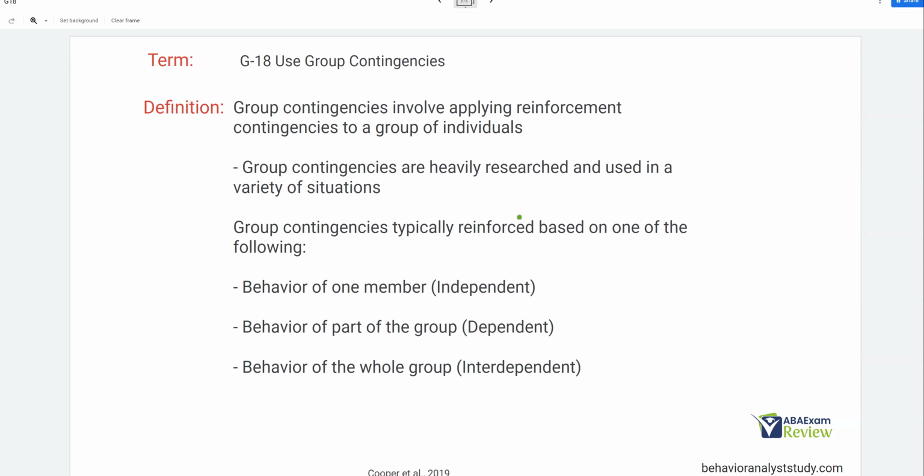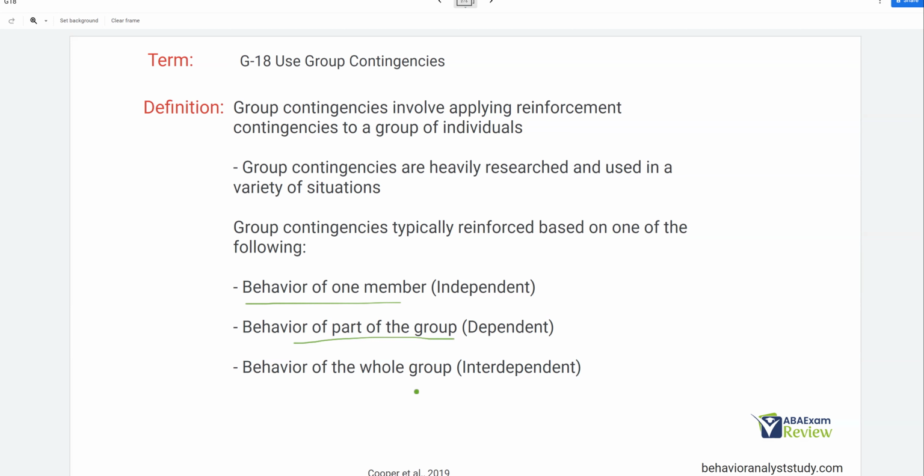Group contingencies are typically reinforced based on one of the following. We have three main ideas. We have reinforcement delivered based on the behavior of one member. We have reinforcement delivered based on the behavior of part of the group, so either the individual or a sample of the group.